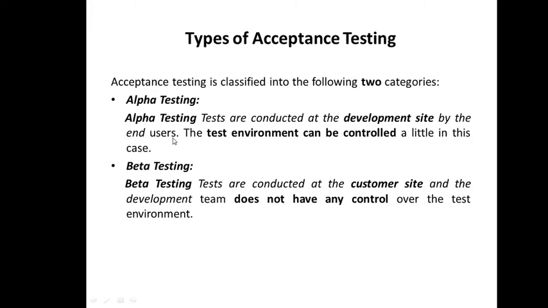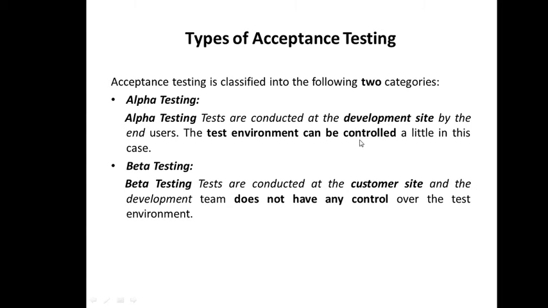If the end users carry out this testing at the development site, it will be alpha testing, while if it is done at the customer site, by the end users only, then it is beta testing.